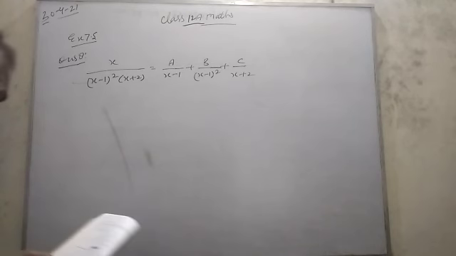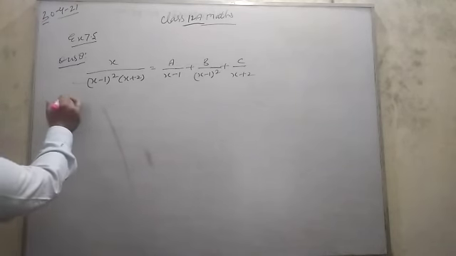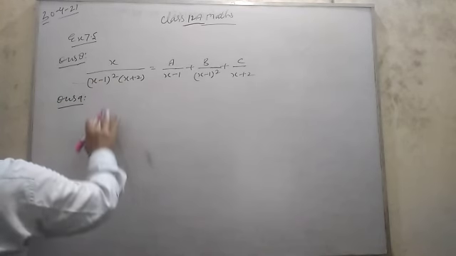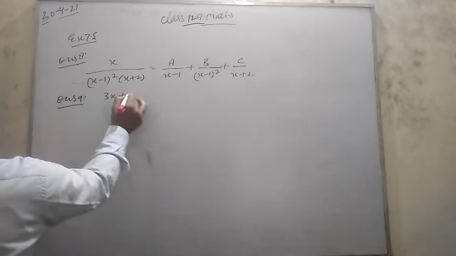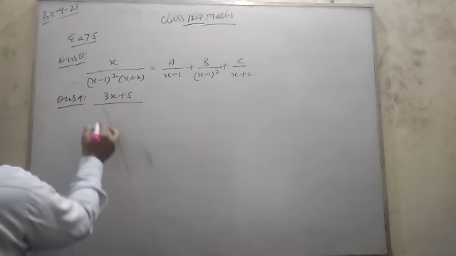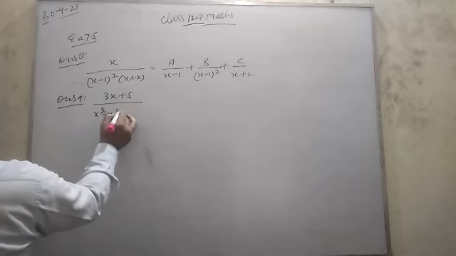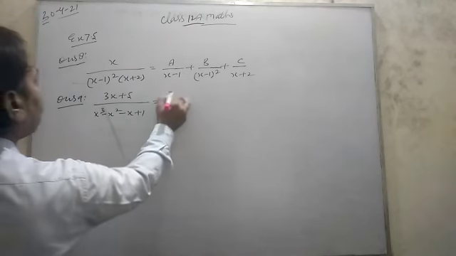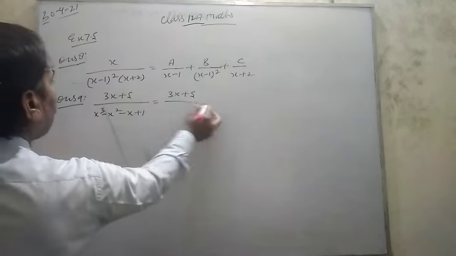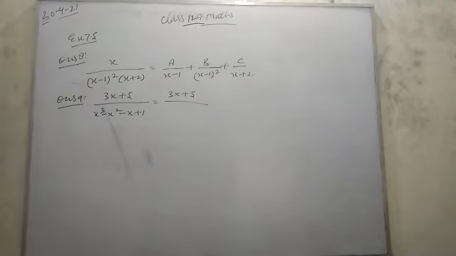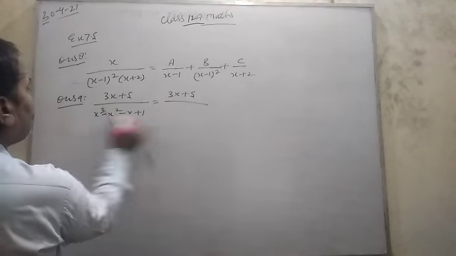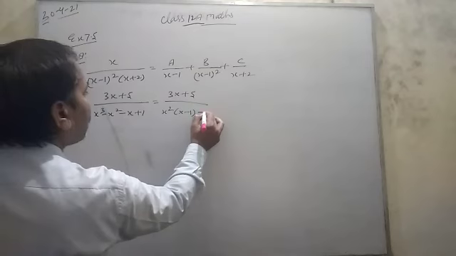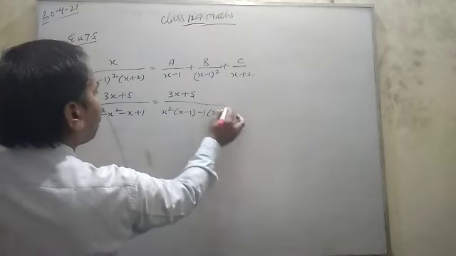Question number 9. 3x plus 5 upon x cube minus x square minus x plus 1. So factorize it first. Okay. So x square take common, x minus 1. Here minus 1 take common.